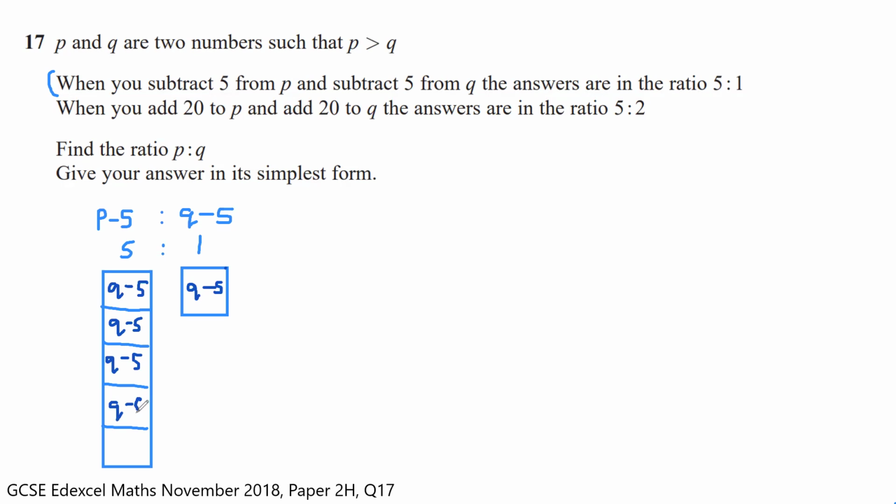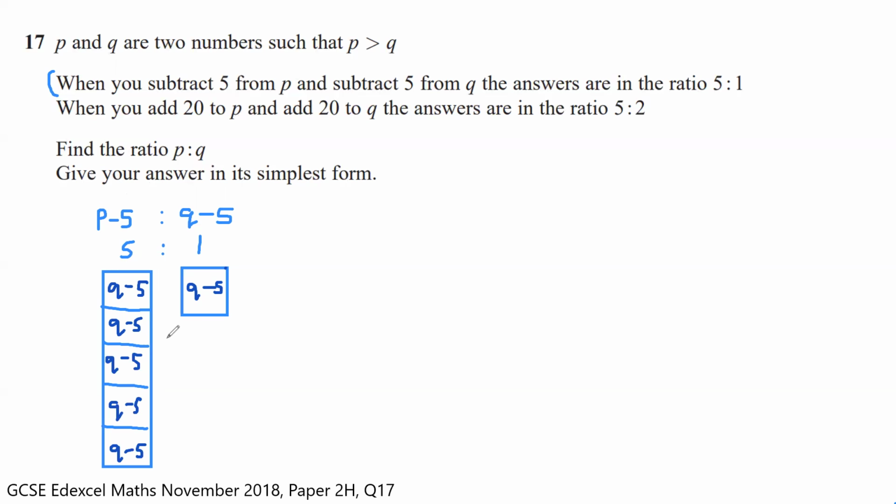What you might now be realizing is that we have 5 lots of Q minus 5, and that is equal to P minus 5. This is where I think the biggest jump is, understanding that that's what's going on here. Hopefully because I've tried to draw it quite visually, you can imagine what's going on. We've got 5 lots of Q minus 5 being equal to 1 lot of P minus 5.